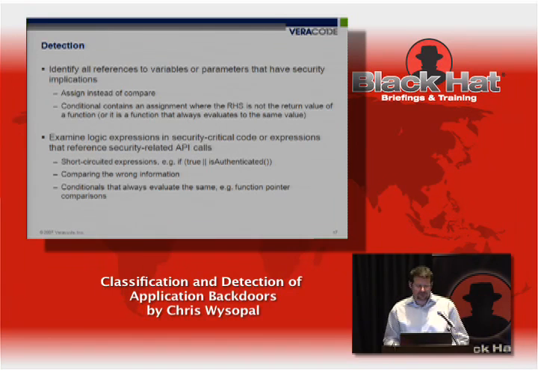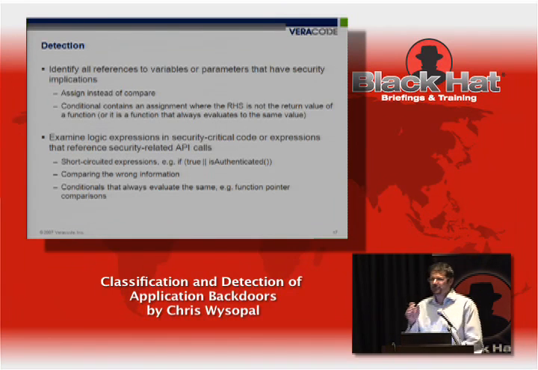Another case that we found was people will short circuit an expression and put in a value that always evaluates to true. So in a function that is normally checking something security critical, like is authenticated, they short circuit that with something that's always true, and it'll always authenticate at that point.